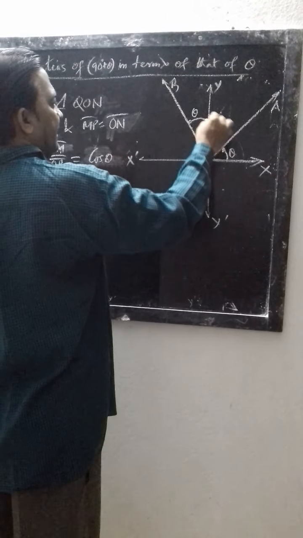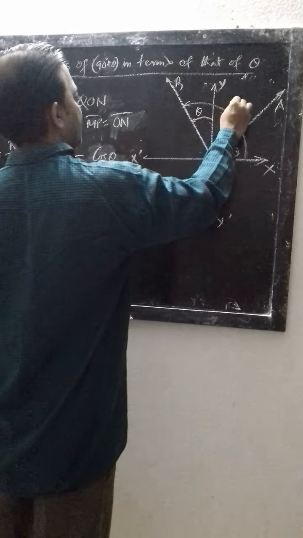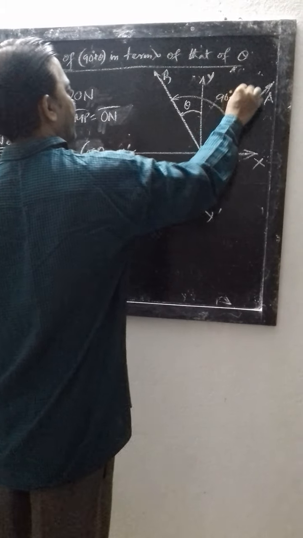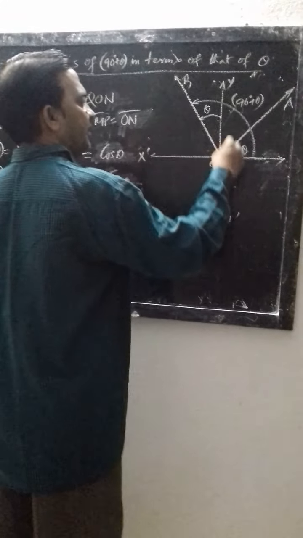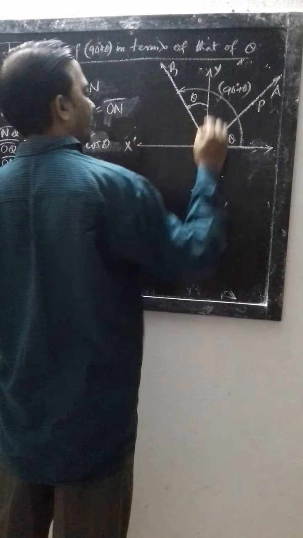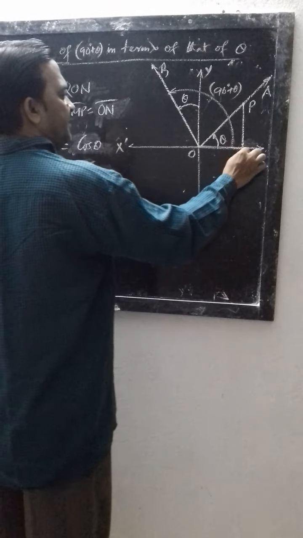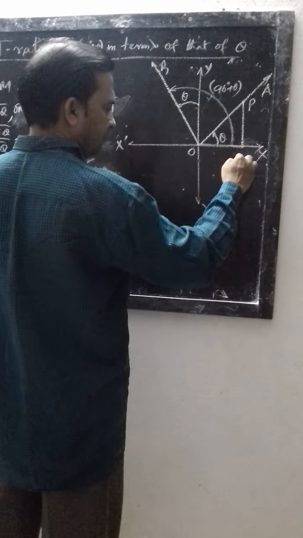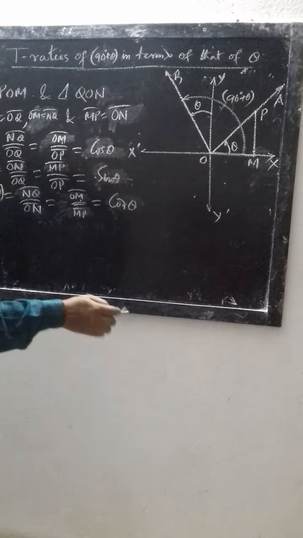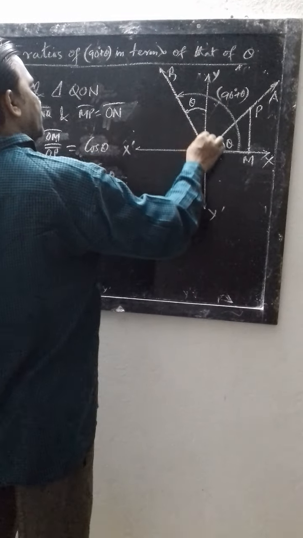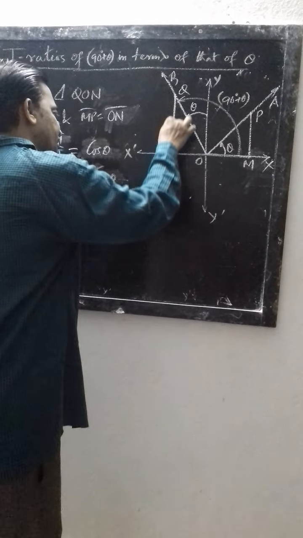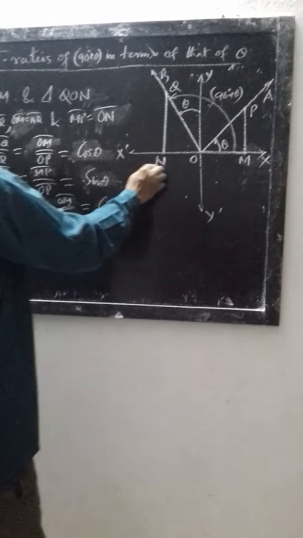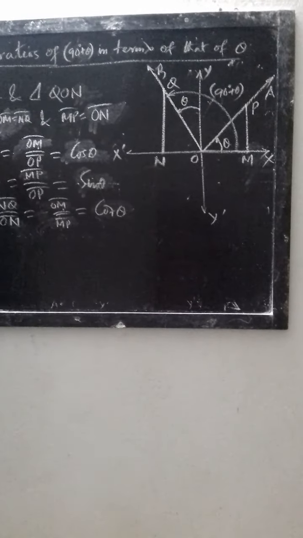So angle BOX is equal to 90 degree plus theta. Let a point P be on OA. PM is drawn perpendicular to OX. Now cut OQ equal to OP on OB. QN is drawn perpendicular on OX dash.